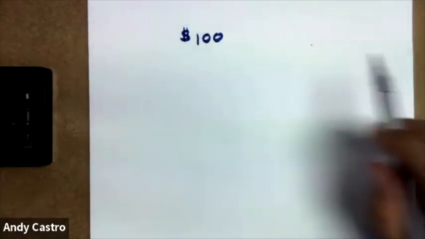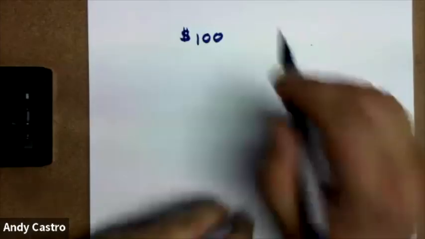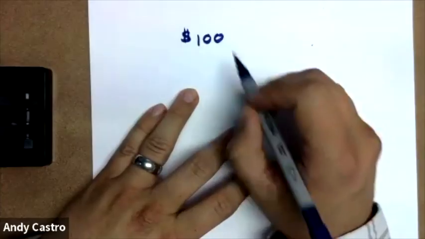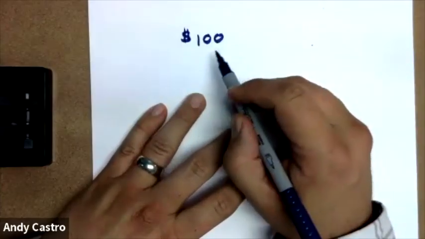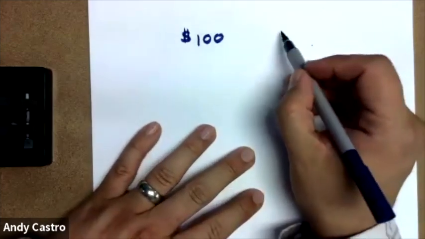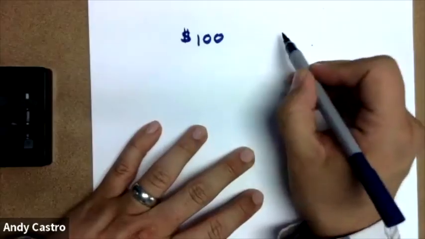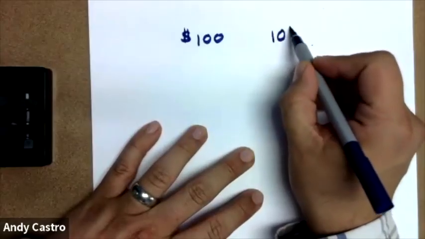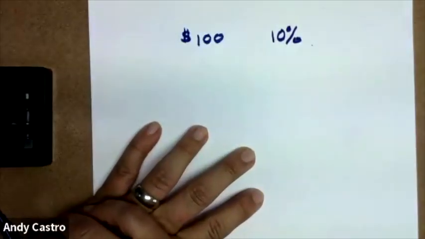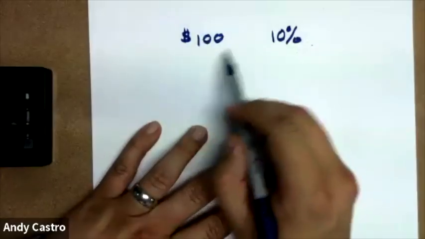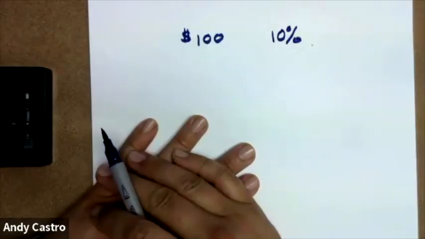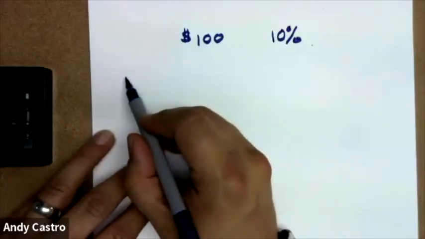Now, I'm going to use 10%, but that might not be realistic, but at least to show you how the percentages work. So let's say that you go to the bank and say, hey, I'd like to open an account. And the account says that your money in there every year, it'll increase by 10%. Okay. So every year, however much money you've had in the bank for the whole year, $100, it'll go up by 10%.